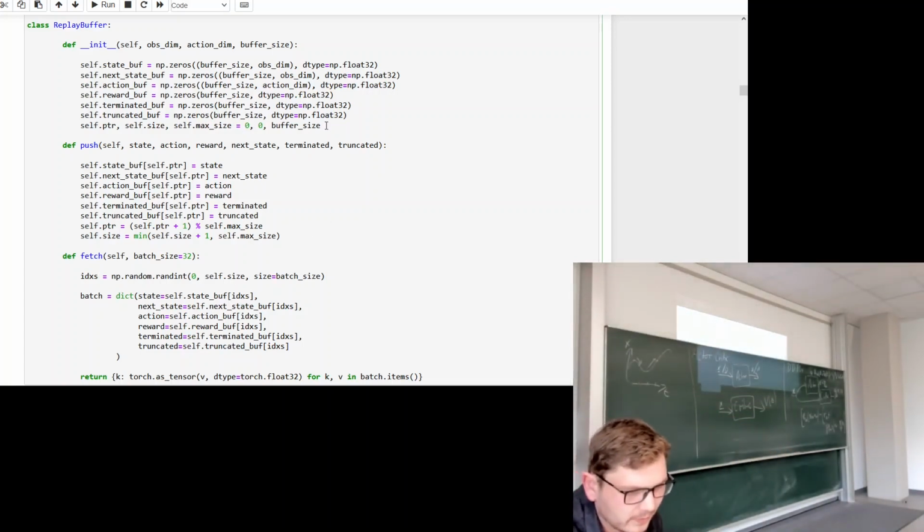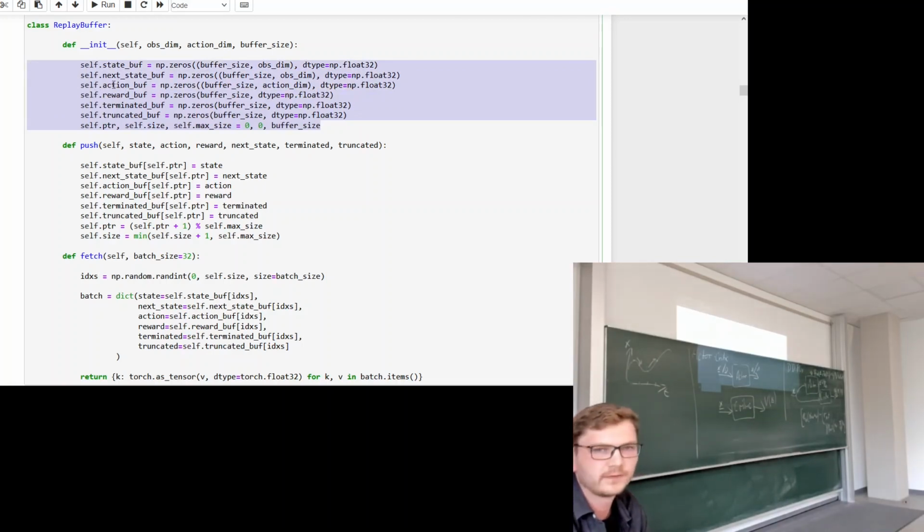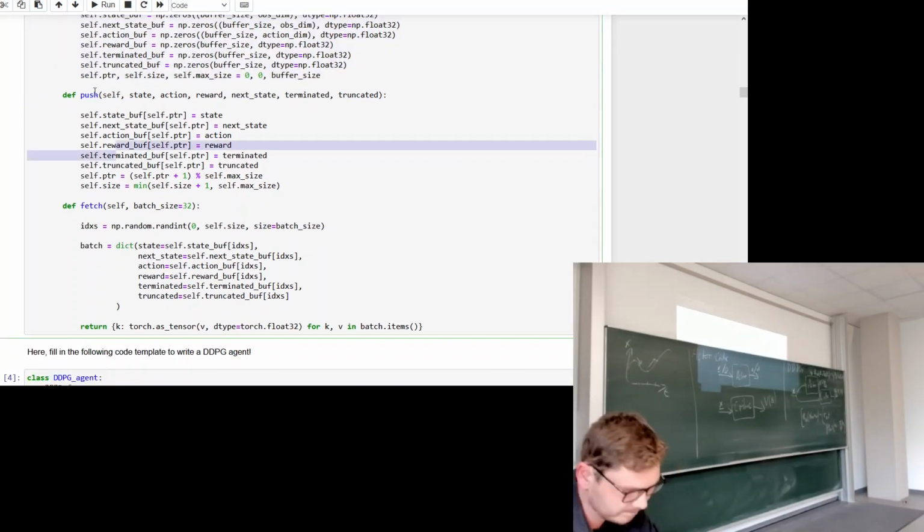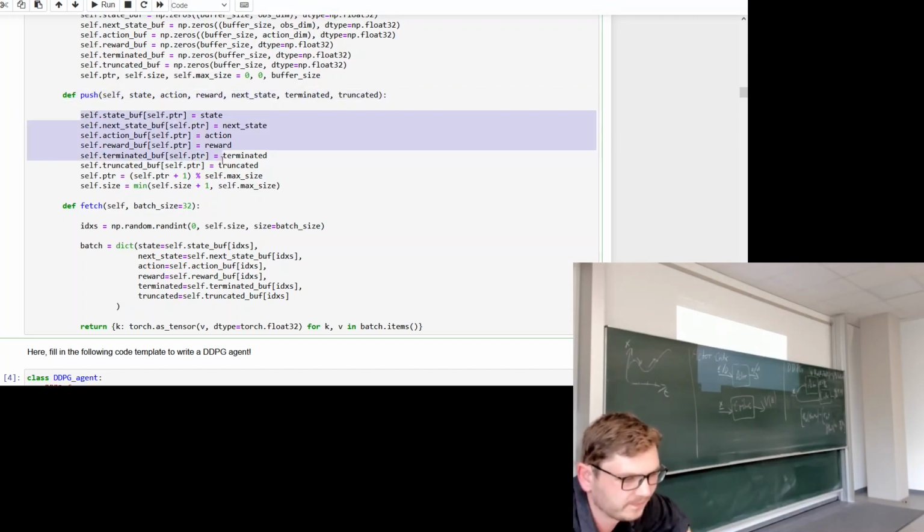So this is actually the whole magic that happens here. We just free up some space where we can save stuff in for later. So we initialize the space, we make a push function, so where we just put in new samples into these arrays. This is here done with the pointer variable, so there's always a pointer that is counted onwards.